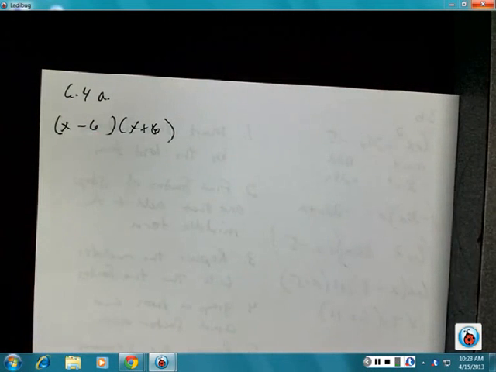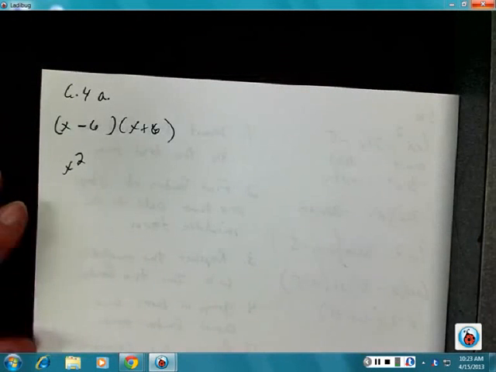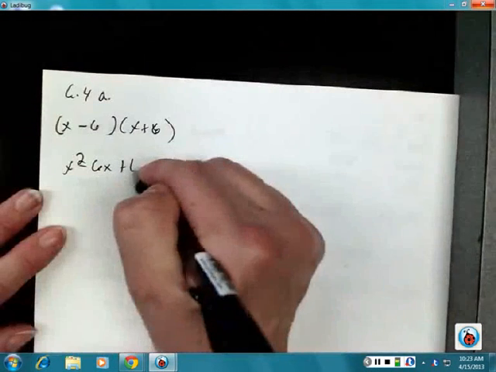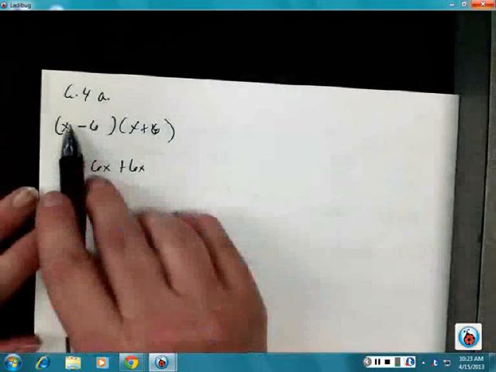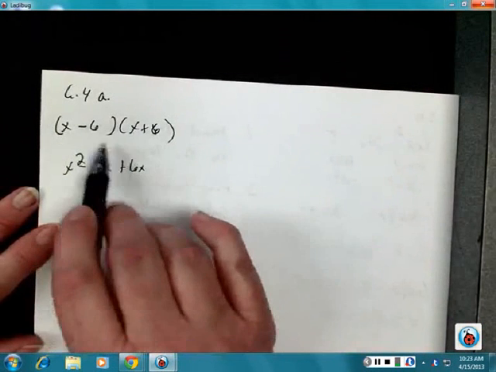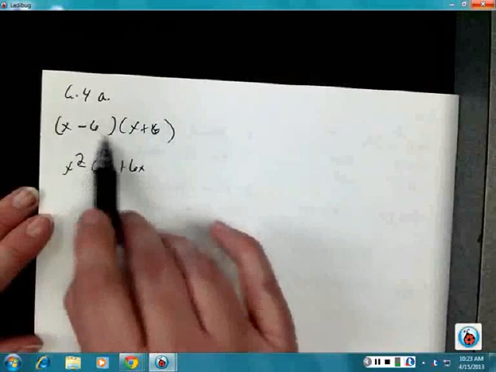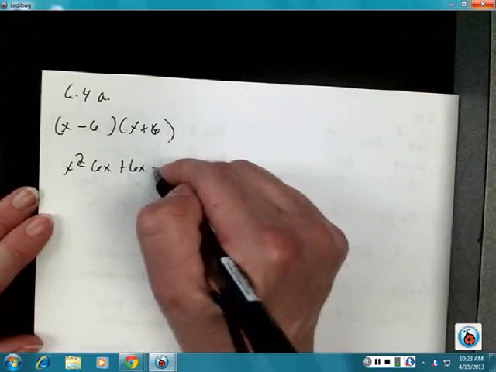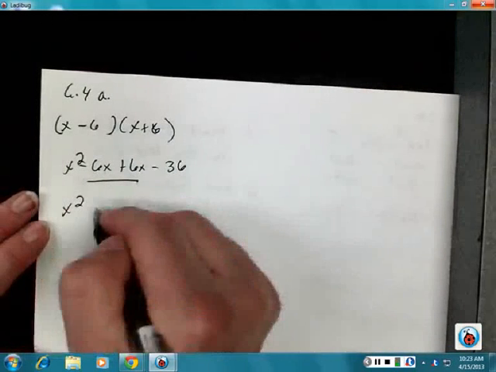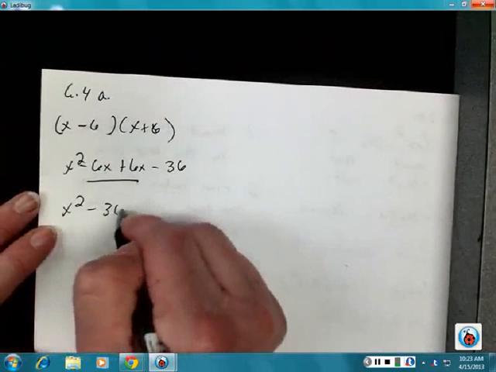The x squared, minus 6x, plus 6x, because x times 6 is 6x, and negative 6 is a negative 6, and negative 6 times negative 6 is a minus 36. And when we put our middles together, what happened? I get x squared, they cancel each other out, minus 36.